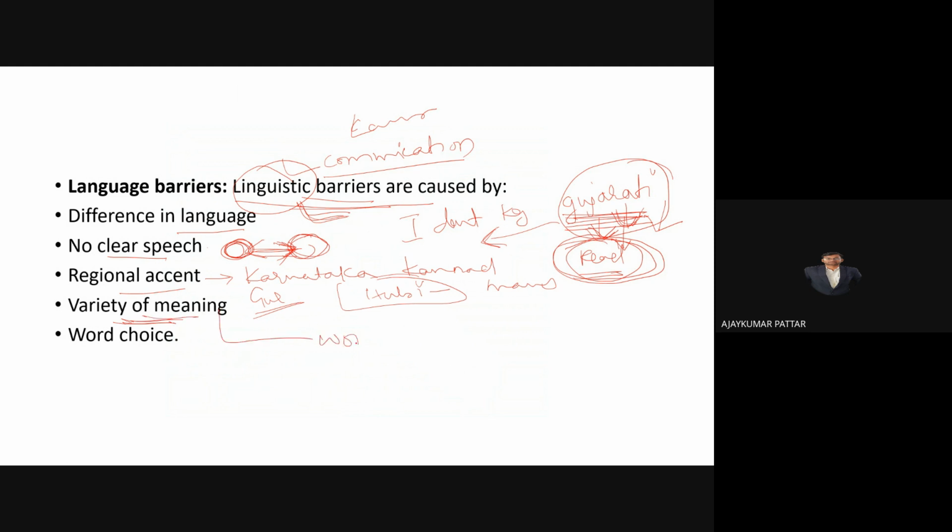One word gives a particular meaning in this region, the same word gives a different meaning in another place. For example, can anyone give an example? The same word will be understood differently in different regions.